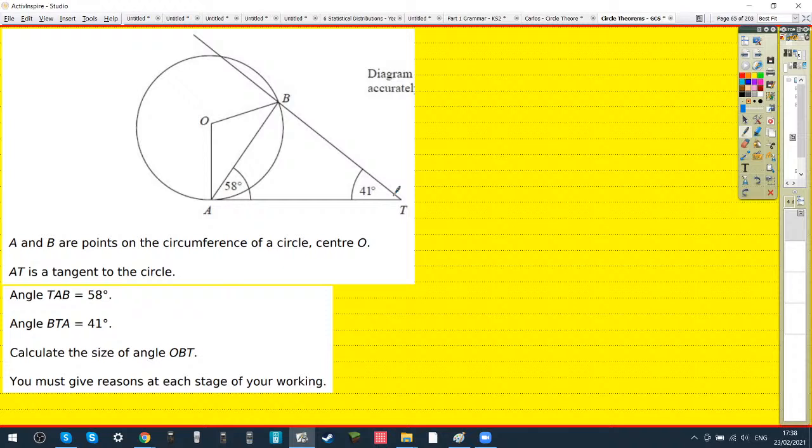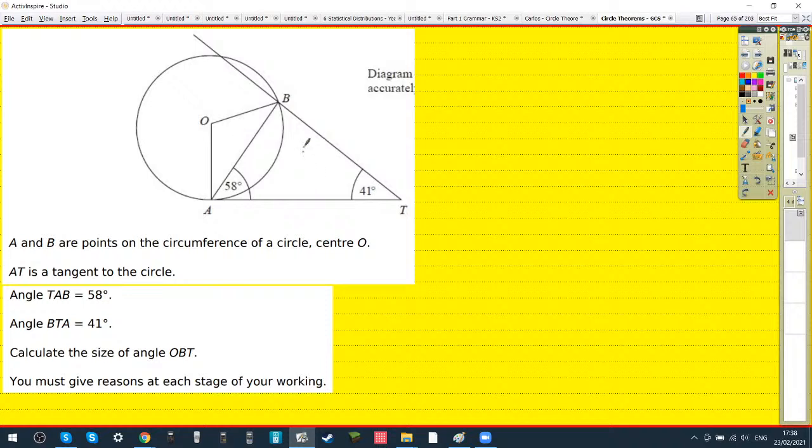Okay, so O should be 139. That's what I thought. However, there's a trick. B isn't a tangent. So this one is a tangent, but this one isn't. And so it doesn't work the same way. We have to find a different way to do it.